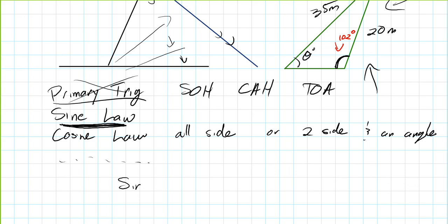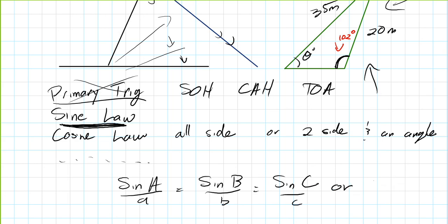So sine law is sine A over side A, over sine B, side B, over sine C, side C. Or you can invert that and just say A over sine A equals B over sine B is equal to C over sine C. Sorry, I ran out of space there, but both of those laws work. You can flip them back and forth.